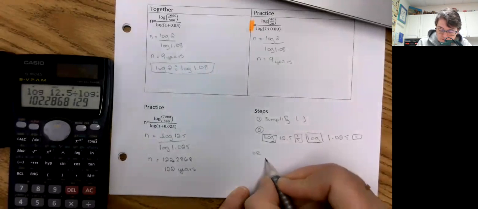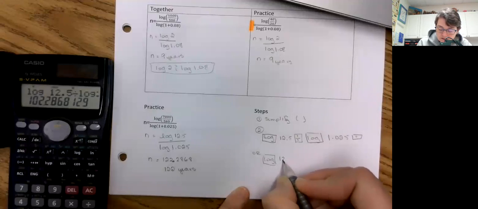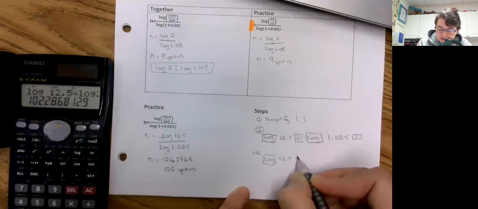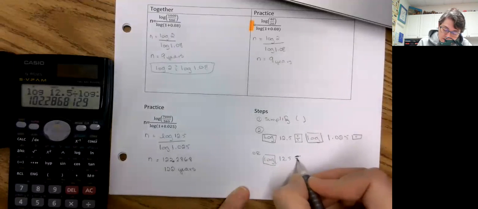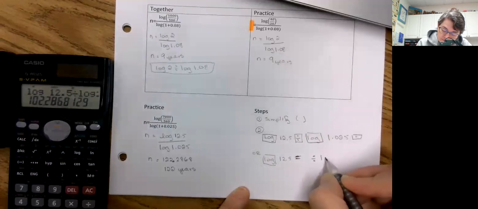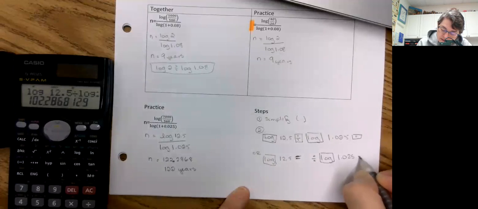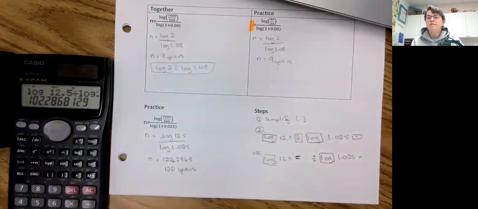Or again, depending on your calculator, log 12.5, then equals, and then you get your answer, and then divide by log 1.025 and then equals. So it really depends on your calculator how it's going to do that.